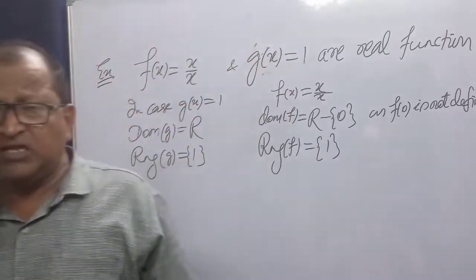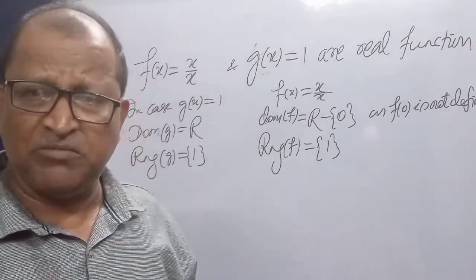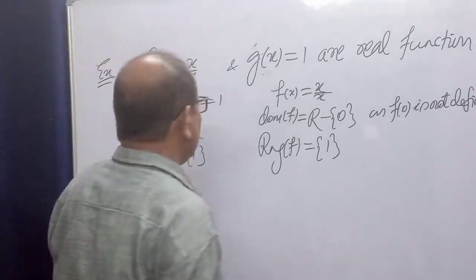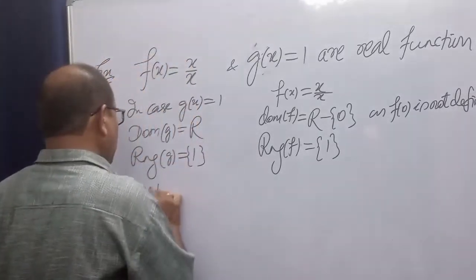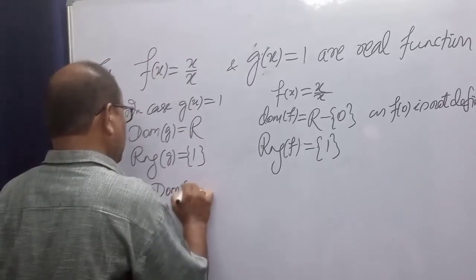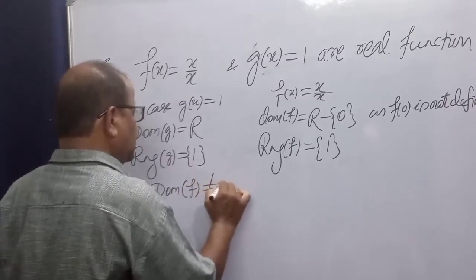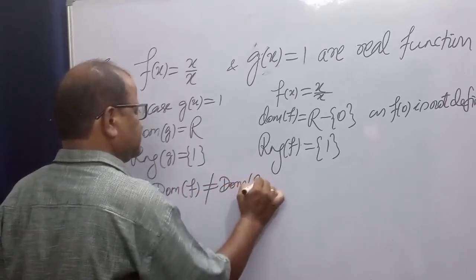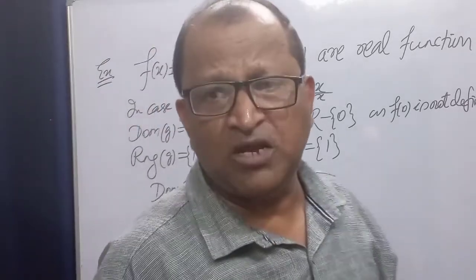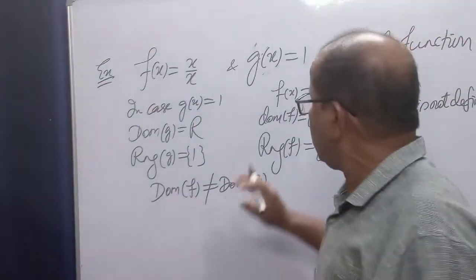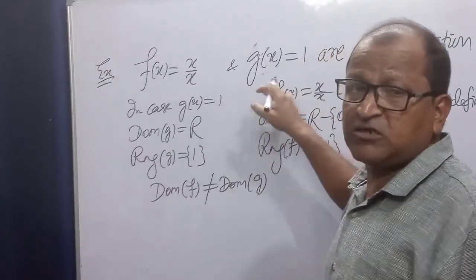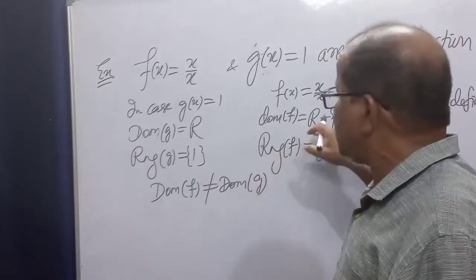The codomain we can take the same, whatever it may be. In this case, whatever it is, we see the domain of g, but domain of f is not equal to domain of g. The domain of g is the whole set of real numbers, whereas the domain of f is R difference 0.